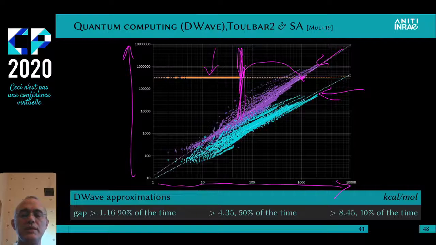So it will need 20 times more qubits probably to reach the performance of Toolbar 2. And for a very different job, because Toolbar 2 provides a proof of optimality. Instead, D-Wave is still not close to optimum 90% of the time. This is a fixed gap because there is a unit for the energy, in kilocalories per mole.